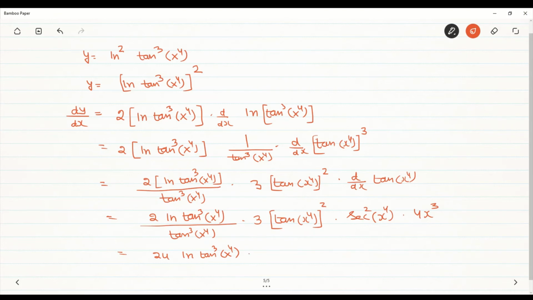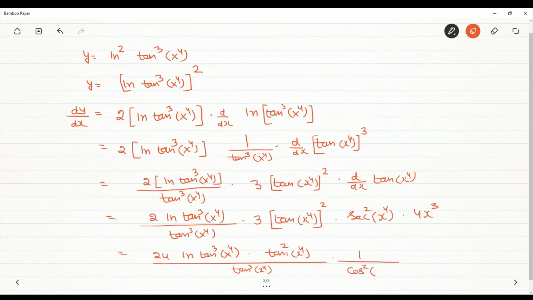Here I have tan x4 square, so it can be written as tan square x4 also. And in the denominator I still have tan cube x4. So everything is the same: it is power 2, it is power 3. And over here we have sec square x4, which can be written as 1 upon cos square x4.